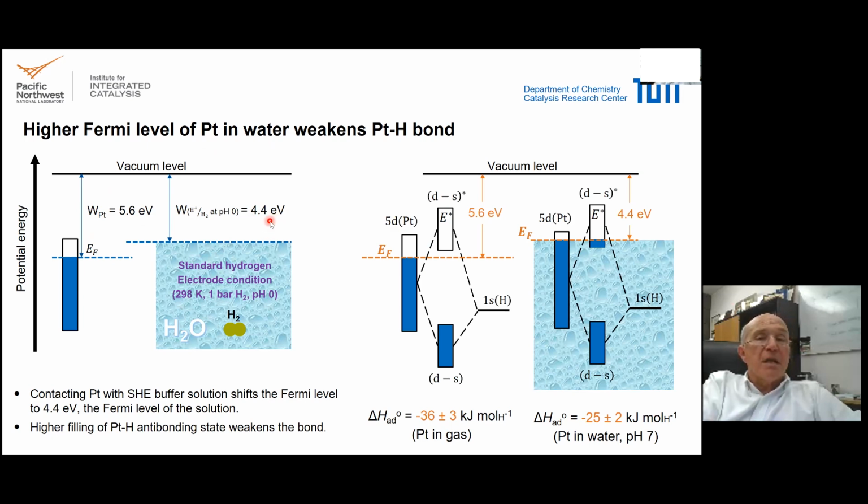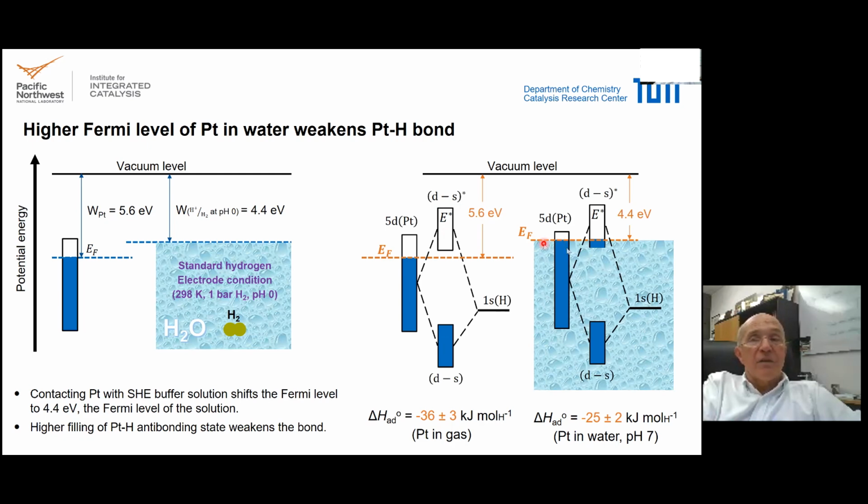So what happens in terms of orbitals? We see that when we do it in the gas phase, we mix the orbital of adsorbed hydrogen with those in the platinum. We see we fill the bonding orbital, we don't fill the antibonding orbital. As we increase the Fermi level, we begin to increase the electron density in the metal.